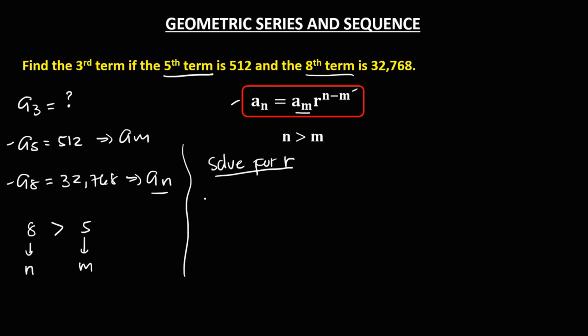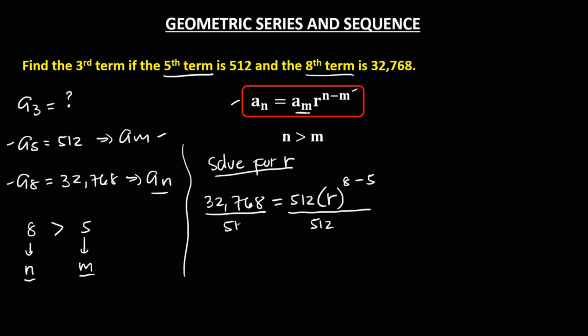So a sub n, that's 32,768, equals a sub m, that's 512, times r to the power n minus m, so n is 8 and m is 5. To solve for r, divide both sides by 512.